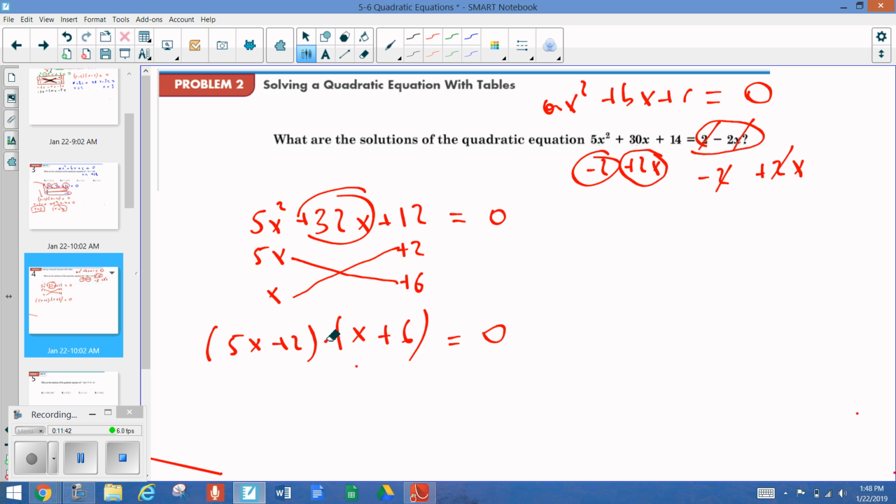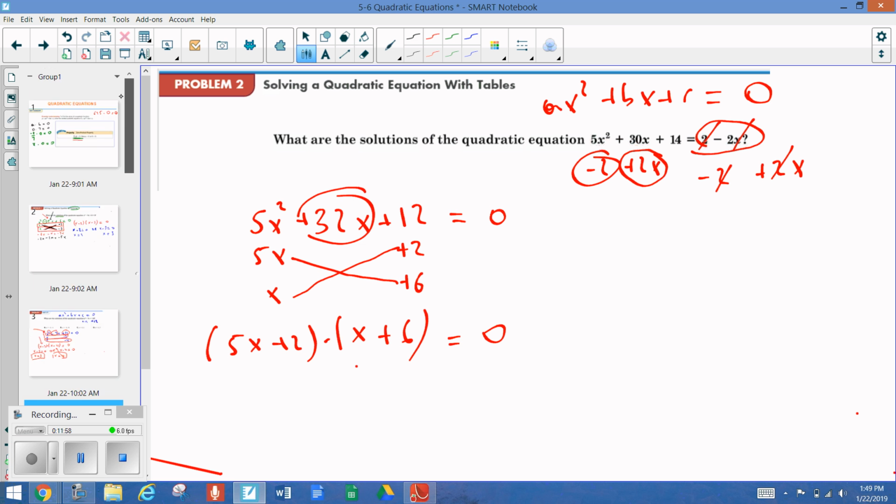What is next? Yes, negative 2 over 5 and negative 6. How did we get that? Calculator makes that easy, but now remember the first slide.